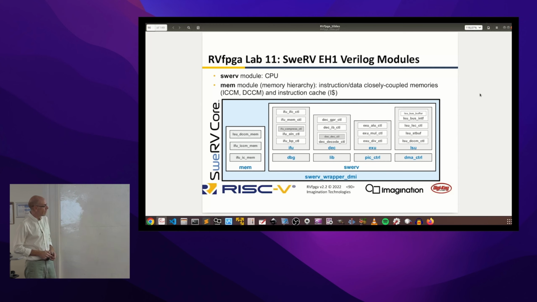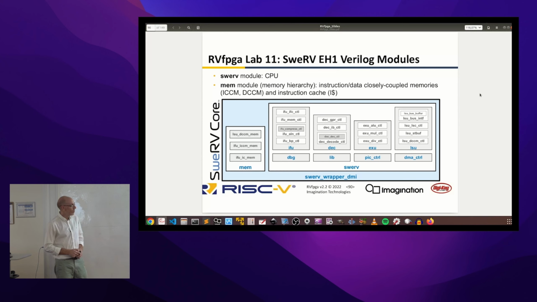So we have two main blocks, one for memory-related modules, one for core-related modules, and then there are subgroups, one for the fetch unit, for example, which includes the instruction cache control, or the align module, or the branch predictor. One for decoding, which includes the register file, the decode control.